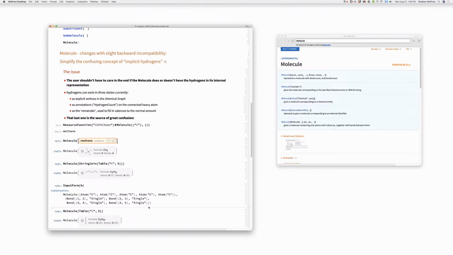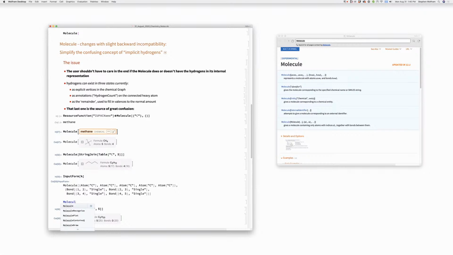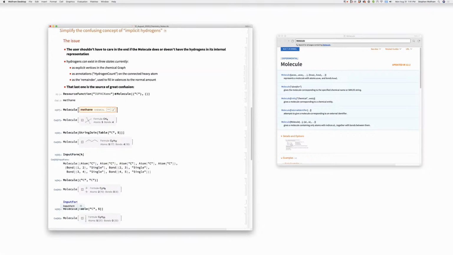Well, and among other things, this canonicalizes the fact that this has atom wrappers around the C's. Is that a hint? In other words, a user who typed this in, if I typed in just CC like this, how does that canonicalize? Oh, it doesn't even have the bond information, but how does that canonicalize? It does, right. Put in the atom wrappers. All right, okay.